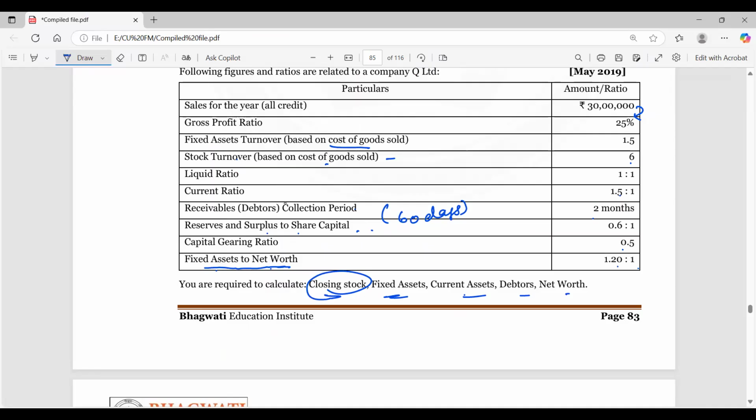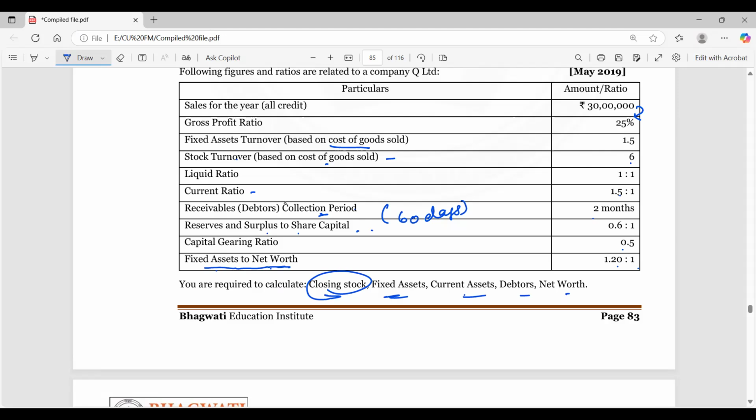Next, we have receivable collection period, based on which we can calculate. We can calculate current asset. No, for that we can use current ratio. Do we have current liabilities? No. How can we calculate current asset?